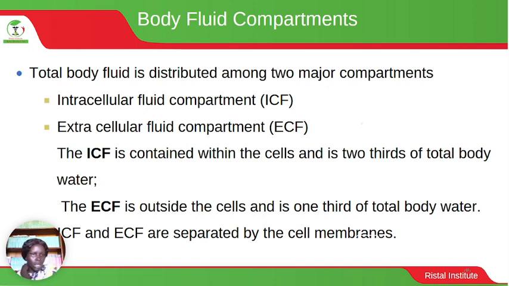So amongst the total amount of water in the body, the water found within the cells, which we term intracellular, makes up 2 out of 3. Then we have the extracellular, which is outside the cells and is 1/3 of total body water. The intracellular and the extracellular are separated by the cell membranes.